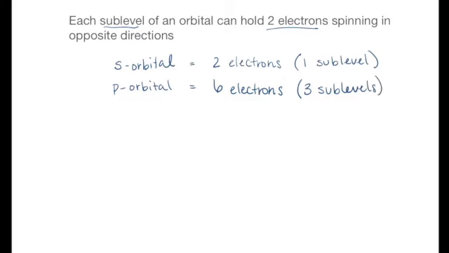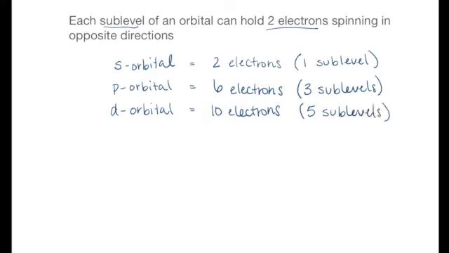The next one, the d orbital, can hold a maximum of 10 electrons, so it's going to have 5 sublevels.